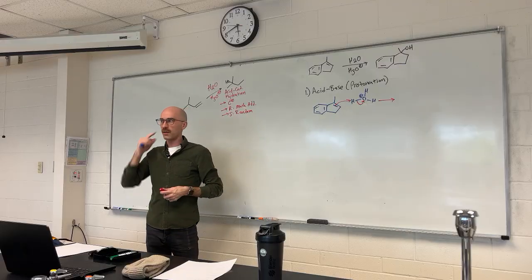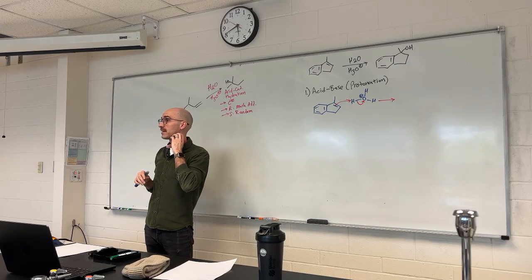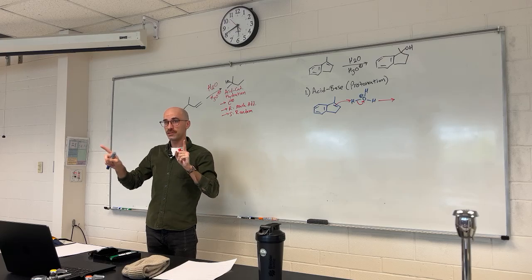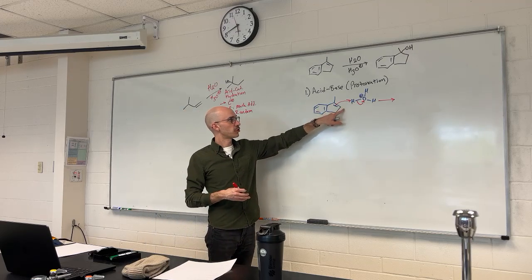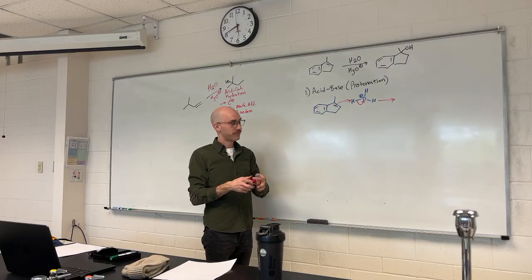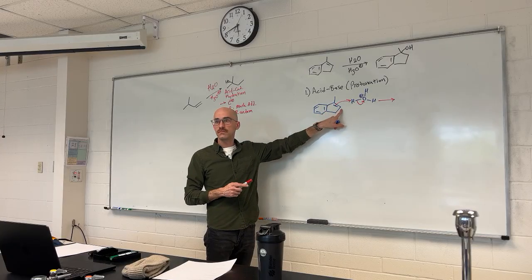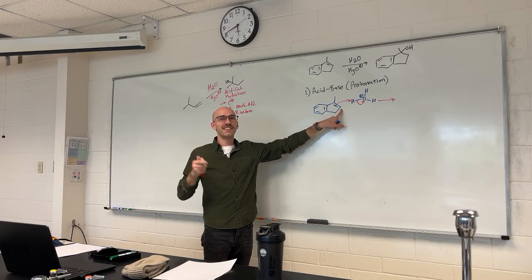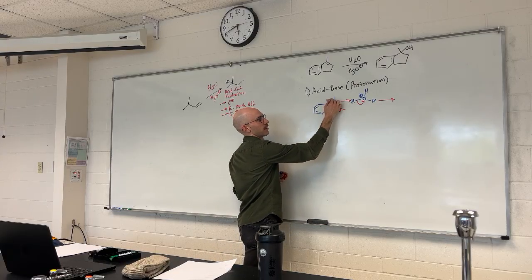I have some regiochemistry, so I've added my arrows, but do I understand how the two carbons are using their arrows? What is the partial charge across this alkene? Partial negative, partial positive.